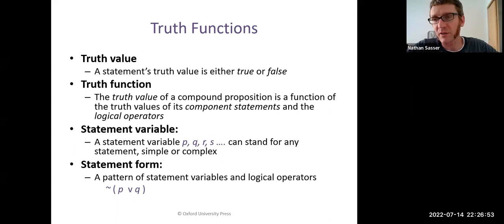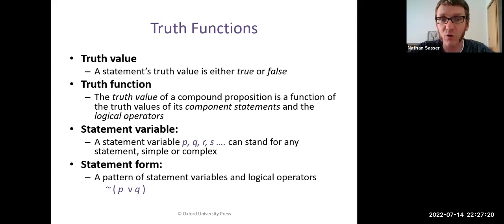Now, we're going to look at some schematic diagrams of the truth values of certain logical operators and their truth functionality. When we do that, we're going to use statement variables, and those are going to be lowercase letters. They can stand for any statement, simple or complex. We're just going to use these to illustrate the truth values of the logical operators.